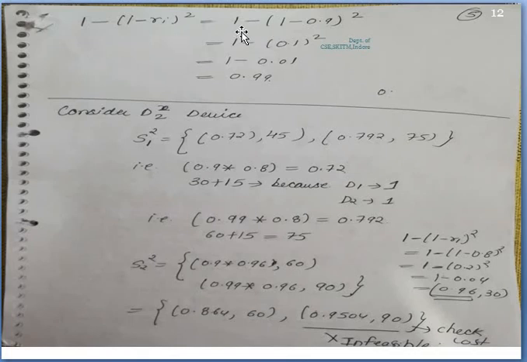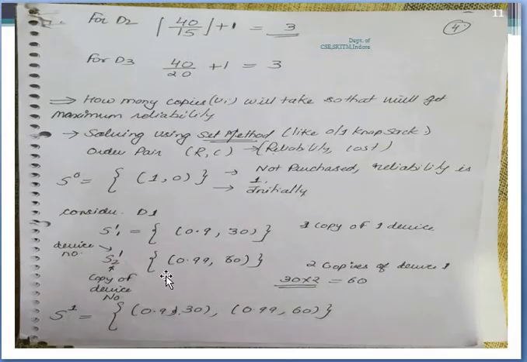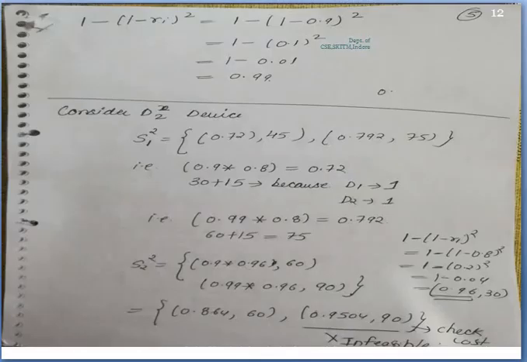It is given by the formula I discussed earlier, 1 minus (1 minus 0.9) raised to the number of units, where 0.9 is the reliability of the first device and I am considering 2 units. So the reliability is 0.99, for the 2 copies of device 1 that I am taking.